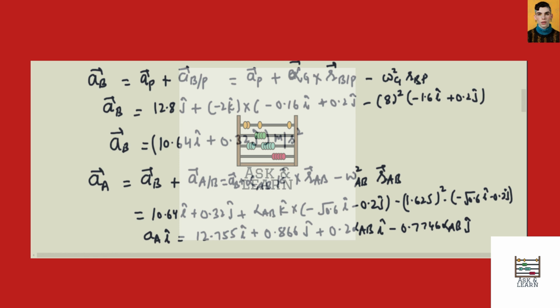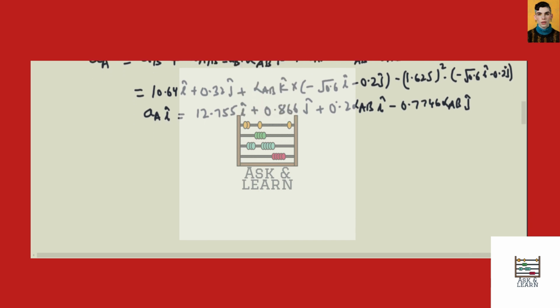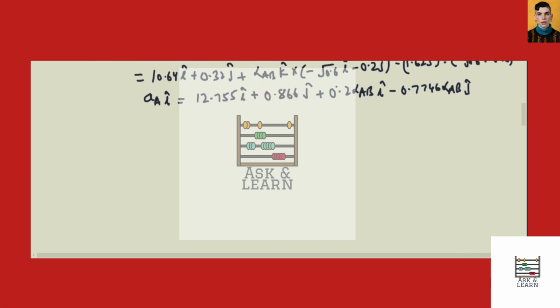resolving it into its components. The j component, so 0 is equal to 0.86615 minus 0.7746 alpha AV.